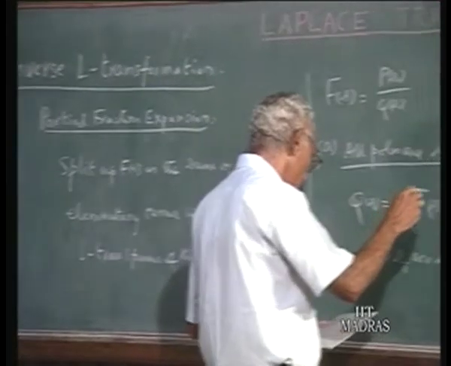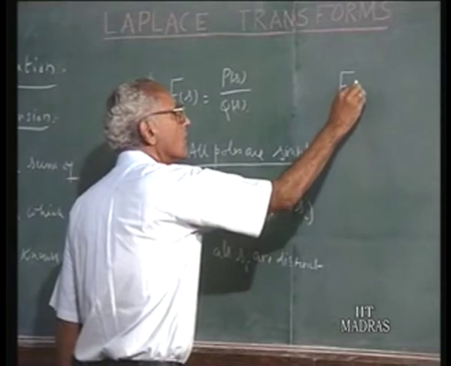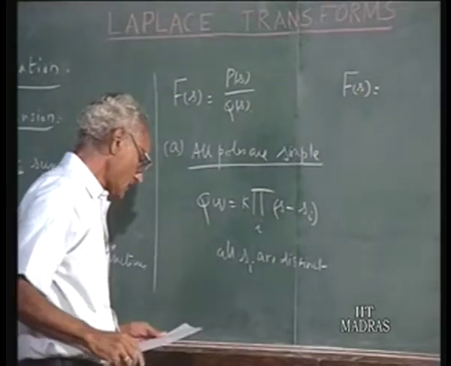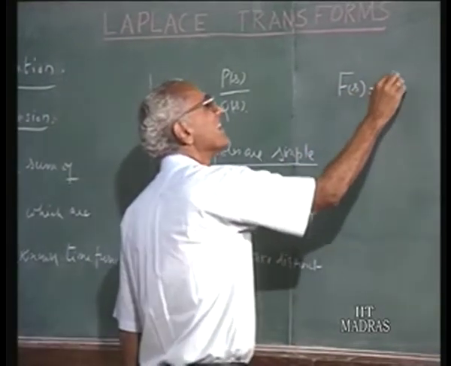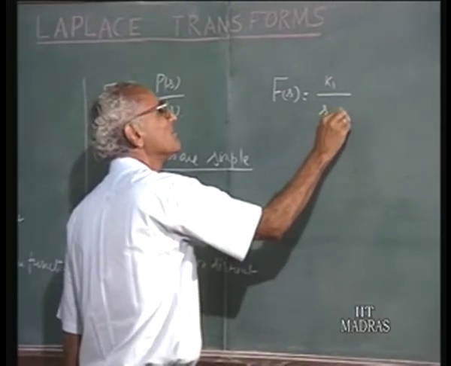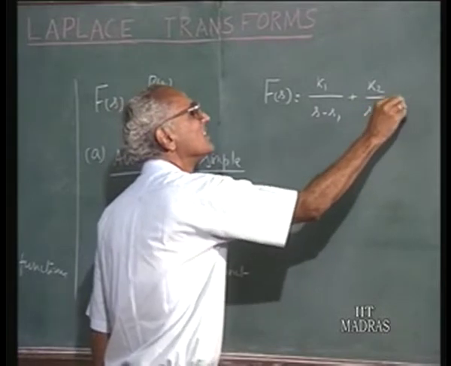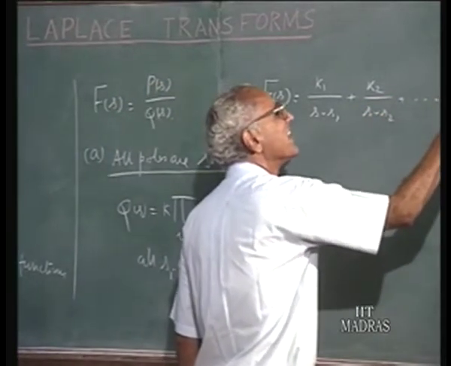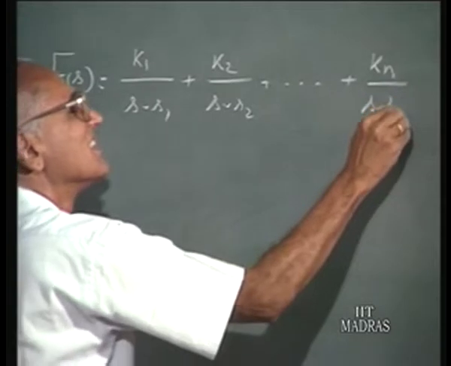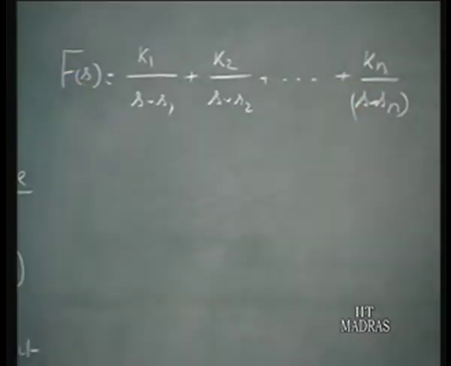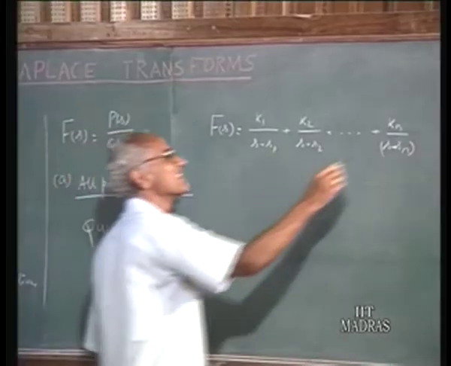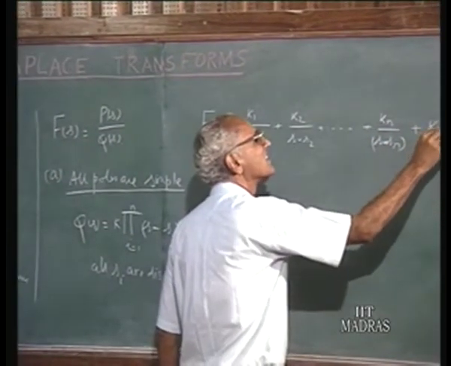Now, to handle this, we can write this F of s as k1 upon (s minus s1) plus k2 upon (s minus s2), down the line, kn over (s minus sn). If there are n such factors in Q of s, with i from 1 to n, and if the numerator degree is the same as the denominator degree, you also have a constant term k naught.